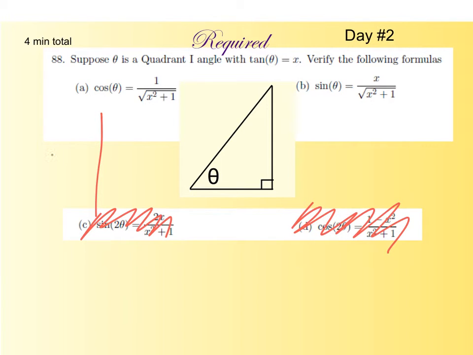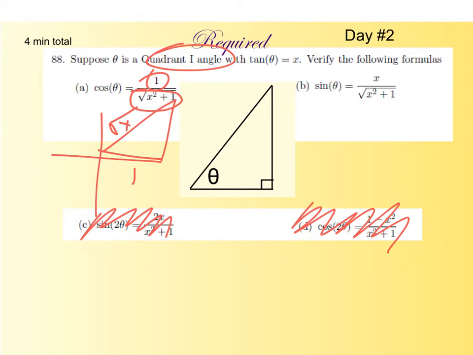If I make a picture of this, it's just like the one we just did. It doesn't know the angle. So what do you do? You draw a triangle and you label its sides. It says it's in quadrant 1, so I'm going to draw it here. And cosine is adjacent over hypotenuse. Adjacent is 1. Hypotenuse is square root of x squared plus 1.